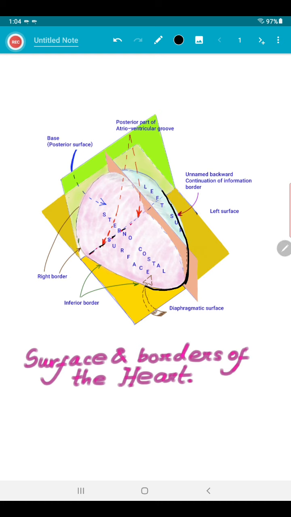This is the differentiating line between the diaphragmatic and left surface.